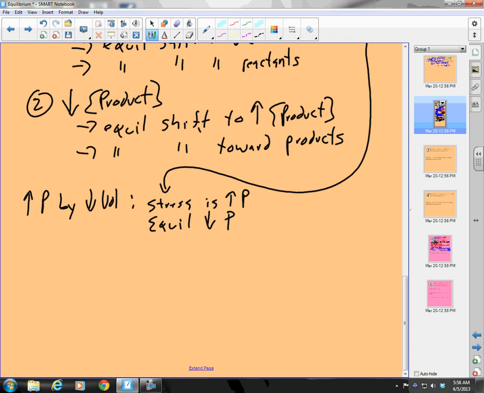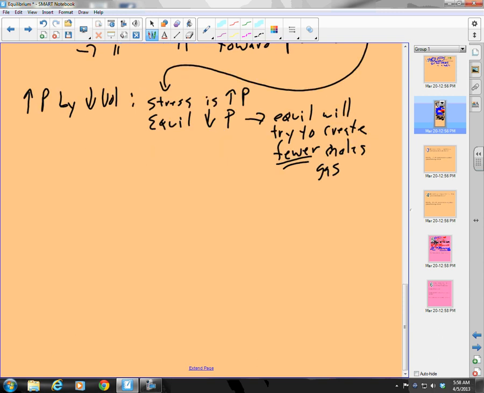Well, pressure is caused by moles of gas. So that means my equilibrium will try to create fewer moles of gas. And so how will it shift? My equilibrium will shift toward the side with fewer moles of gas.